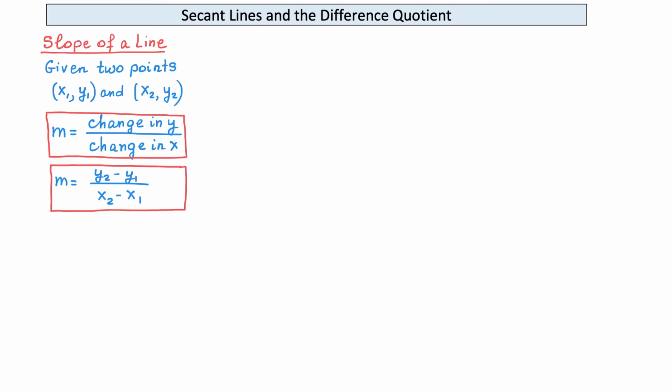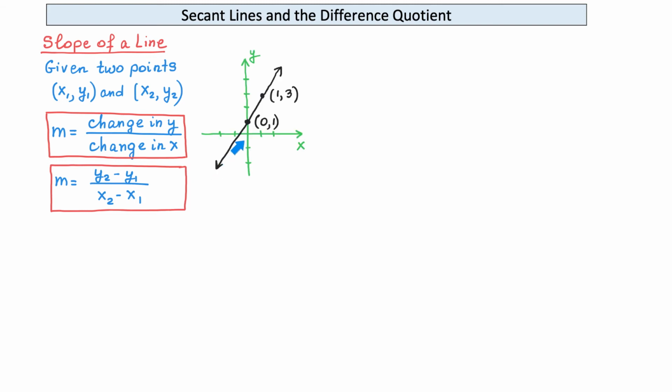Next, we will talk about secant lines and the difference quotient. Let's start by reviewing the slope of a line. Given 2 points x1, y1 and x2, y2, the slope is change in y over change in x, or y2 minus y1 over x2 minus x1. Let's see a few examples.